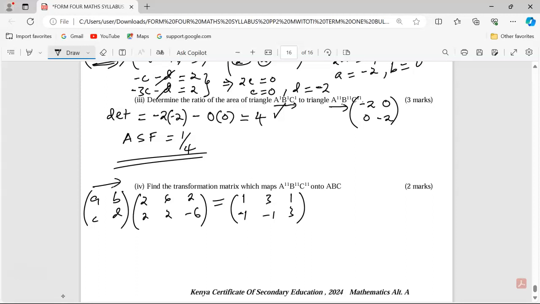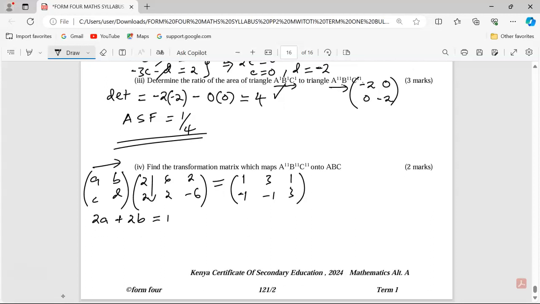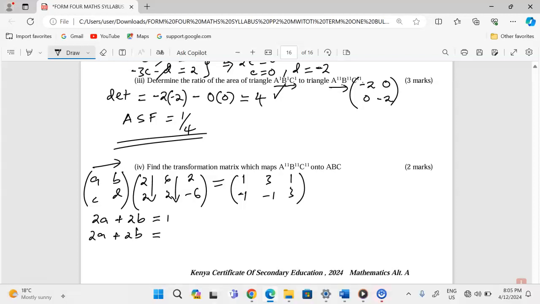So the first row and the first column to give us the first element. So 2a plus 2b should give us 1. Again, the same row and the next column, whereby we will talk of 6a plus 2b should give us the next column here, which is a 3.